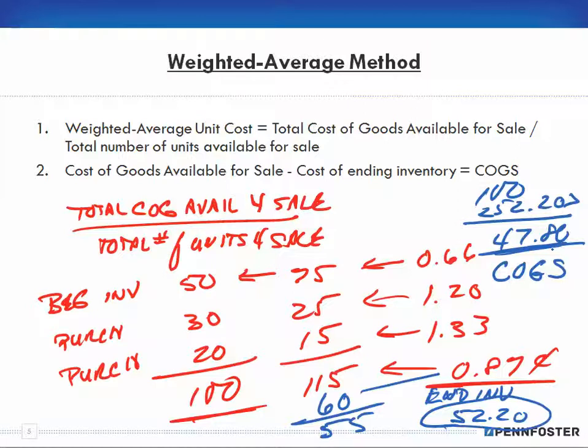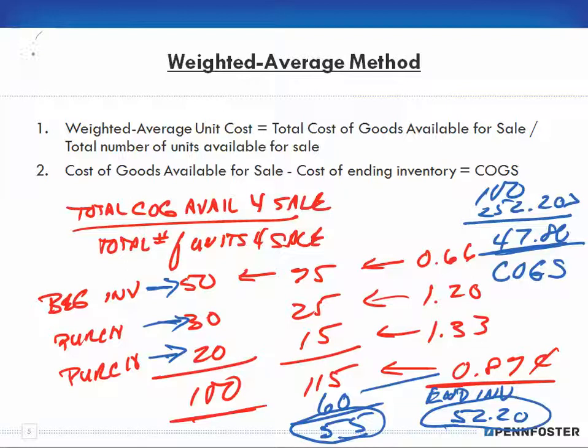It's just insane to be trying to say, well, out of these 55 that were taken, which ones were part of this purchase, which ones were part of that. That's just insane.